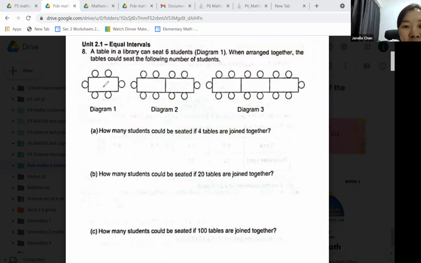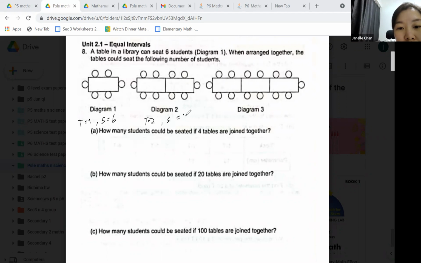each diagram represents tables and students. So the rectangle one is equals to the table, and there's round circles representing the students. So in the first diagram, there's one table, and the students is equals to 6. And then for the second one, we have two tables, and for the students, we actually have 10.